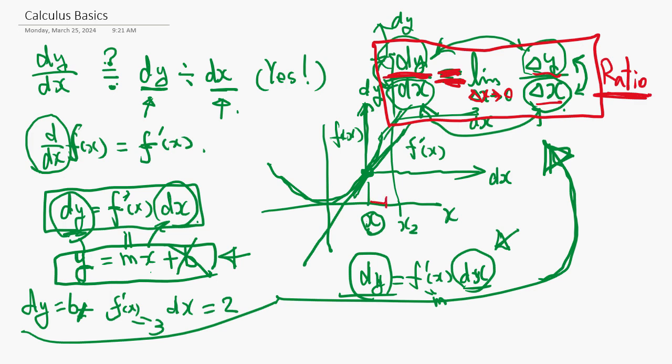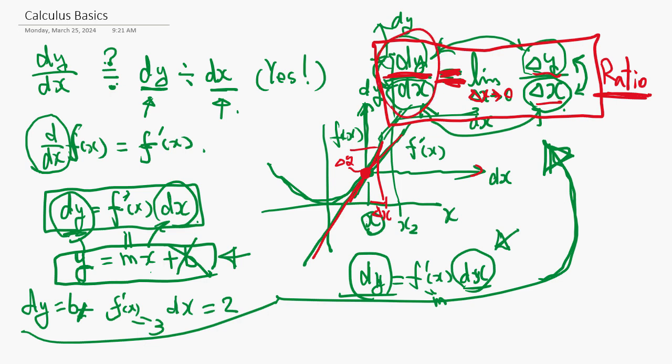Because if you take a delta x here and take a delta y and take the ratio and make delta x small, then it gets close to this slope line, which has only one contact with this function. So that ratio becomes the same as this ratio.